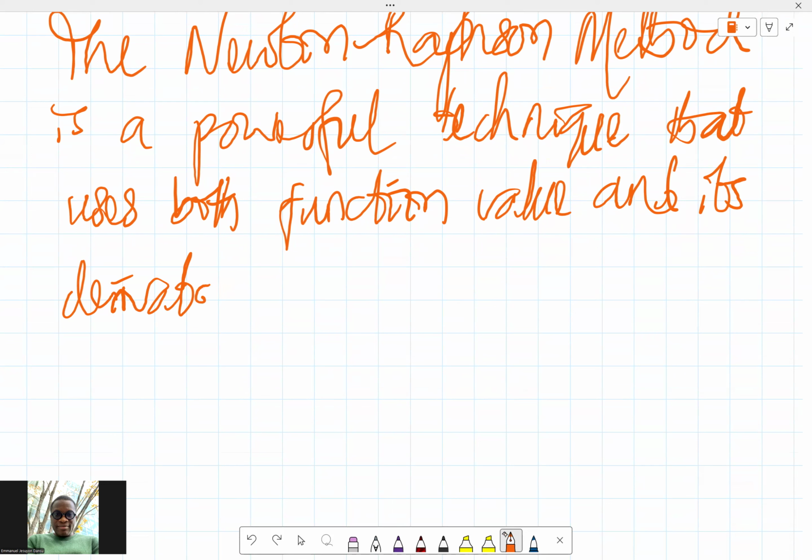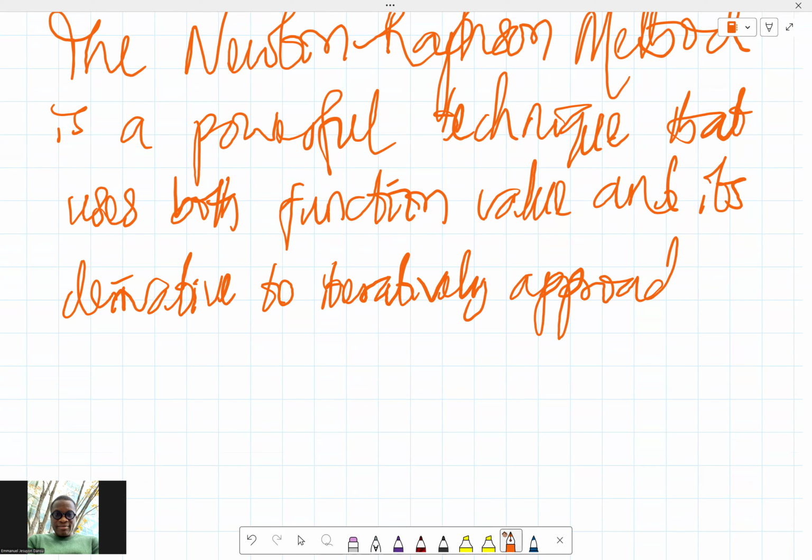We need the function and its derivative to iteratively approach the root.